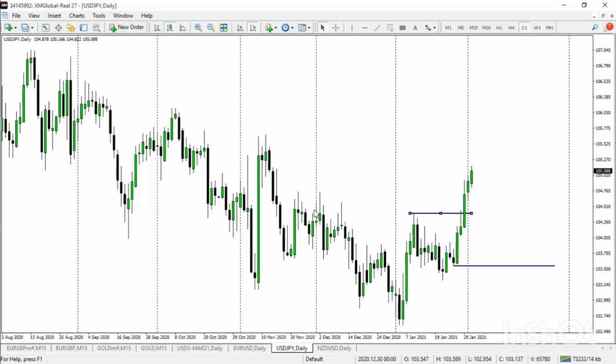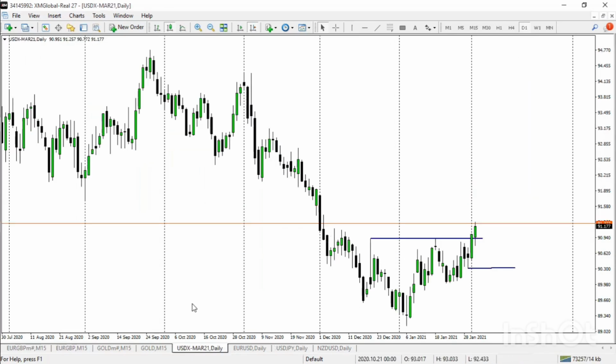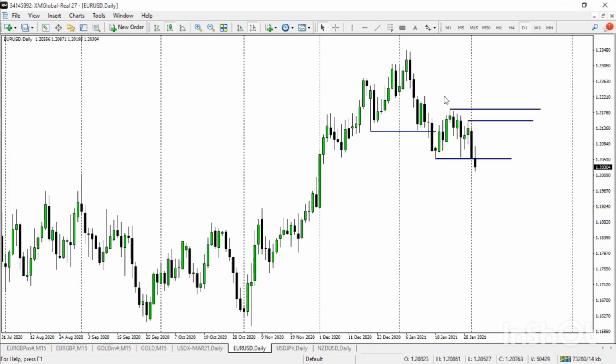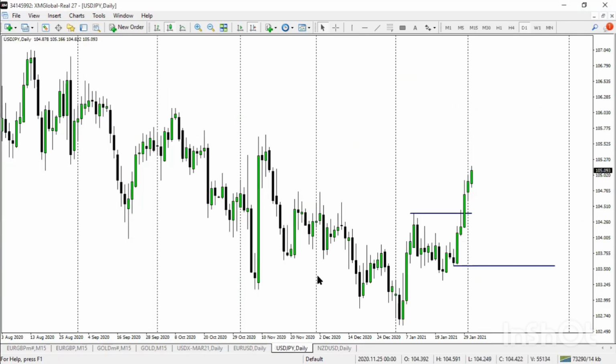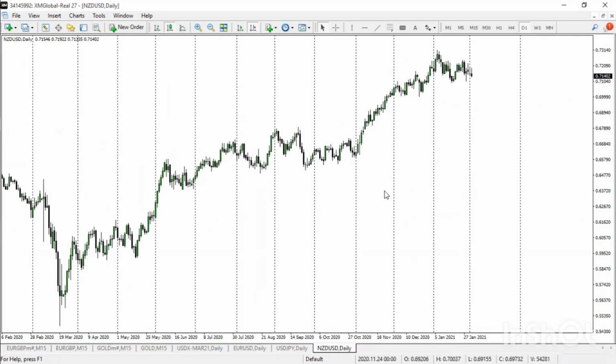No, this one can do whatever it wants. Anyway, it's bullish. So order flow here is bullish. USD index bullish. EU bearish. UJ bullish. Okay, let me choose another pair that's different from USD pairs.